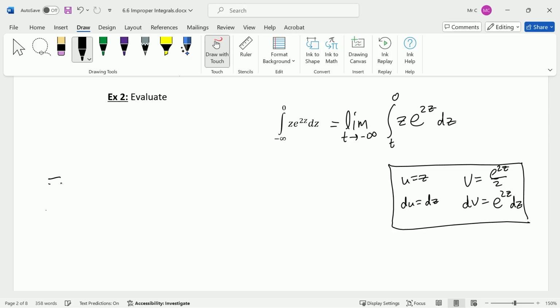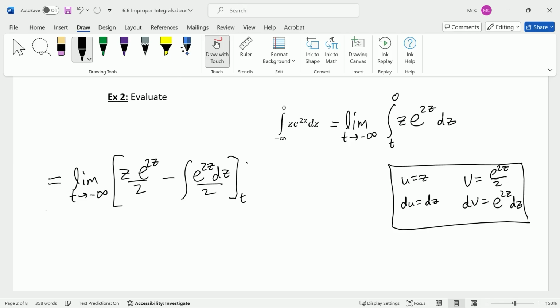And now I can set up my integration by parts inside the limit. And I get uv minus the integral of v du, which is e to the 2z dz over 2, evaluated from t to 0.